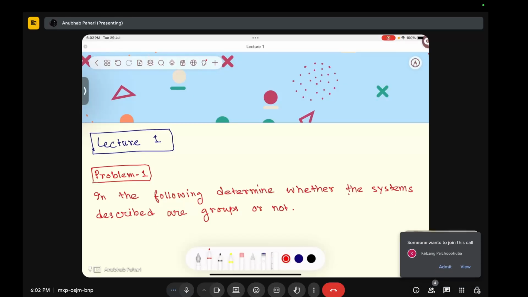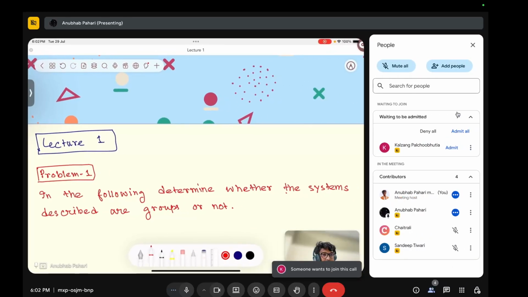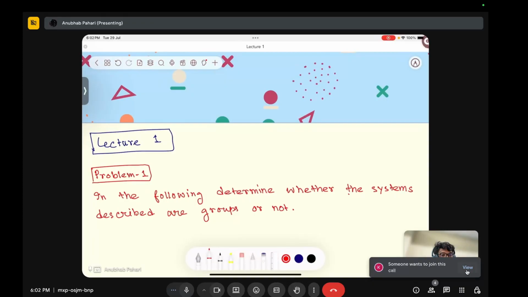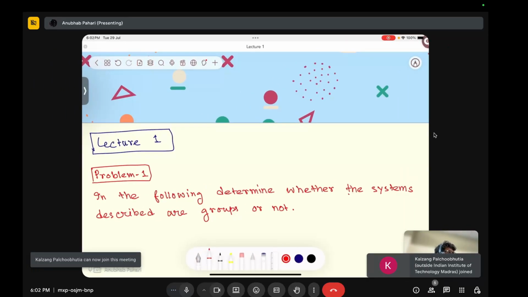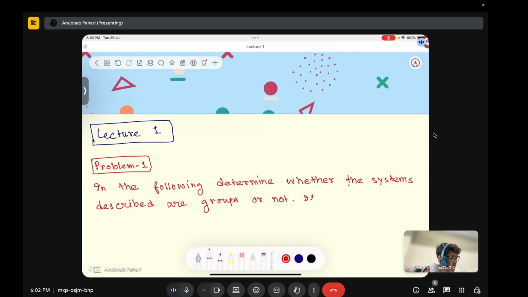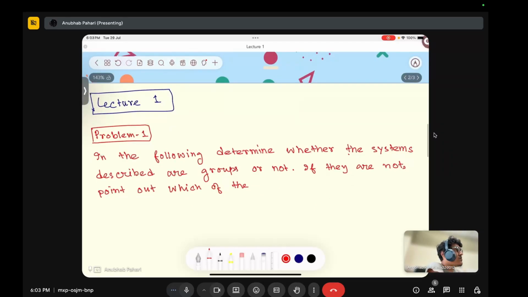Moreover, if they are not, point out which of the group axioms fail to hold.